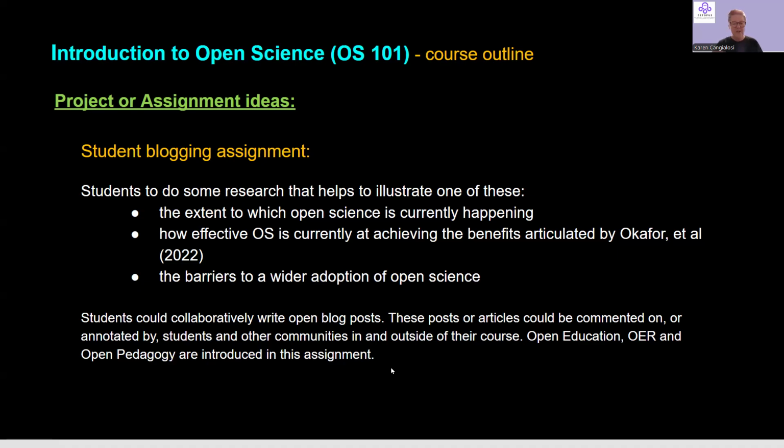And collaboratively creating some work and putting it out there openly is actually an open pedagogical approach. So we could talk about that: what is open education? What does it mean to be doing your assignment with an open pedagogical approach? What are the pros and cons to that? And what choices do you feel like you can have around that?